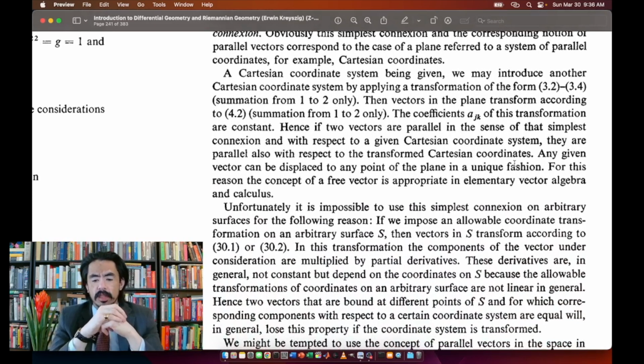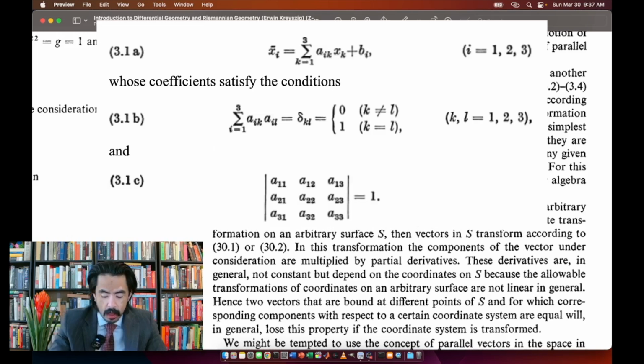A Cartesian coordinate system being given, we may introduce another Cartesian coordinate system by applying a transformation of the form given in 3.2 to 3.4, which is the same as what's in the preliminaries chapter 1 here, which I'm going to reread. Hopefully I'll have that on the screen.